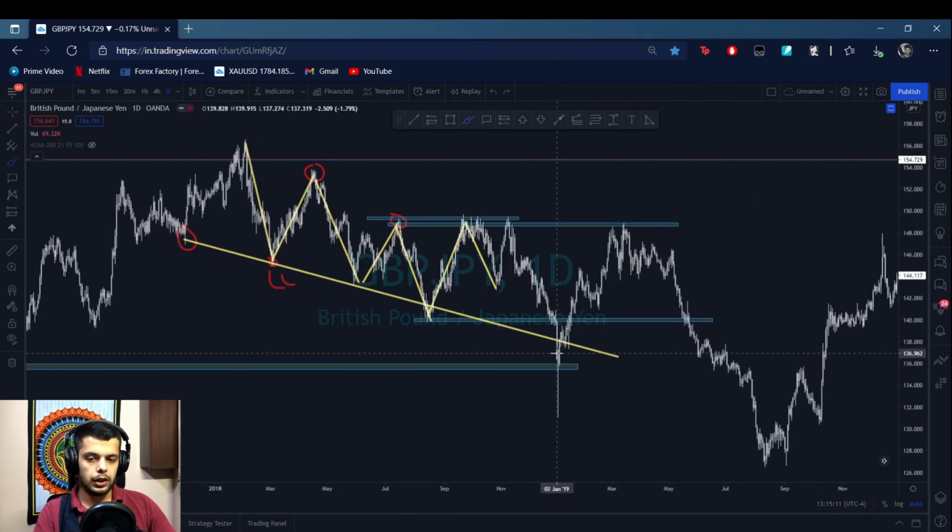As we can see over here, the market respected the support, and it bounced off from 135.60 to 148.70. That's over 1,000 pips, like a 1,300 pips gain.